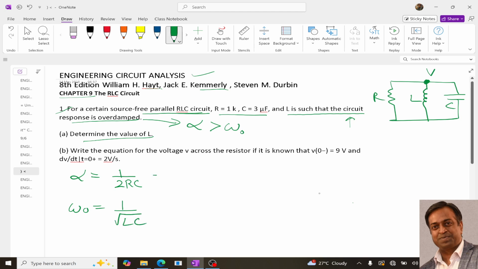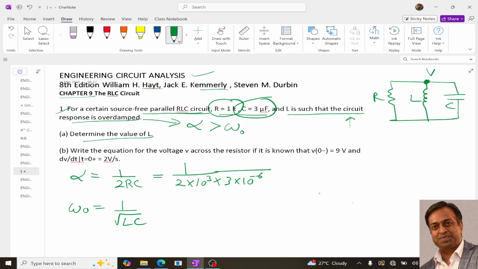Now substituting the values of R and C in alpha: R is 1K, so it will be 10 power 3, and C is 3 microfarad, so it will be 10 power minus 6. So this can be written as 10 power 6 in the numerator, over 6 into 10 power 3.